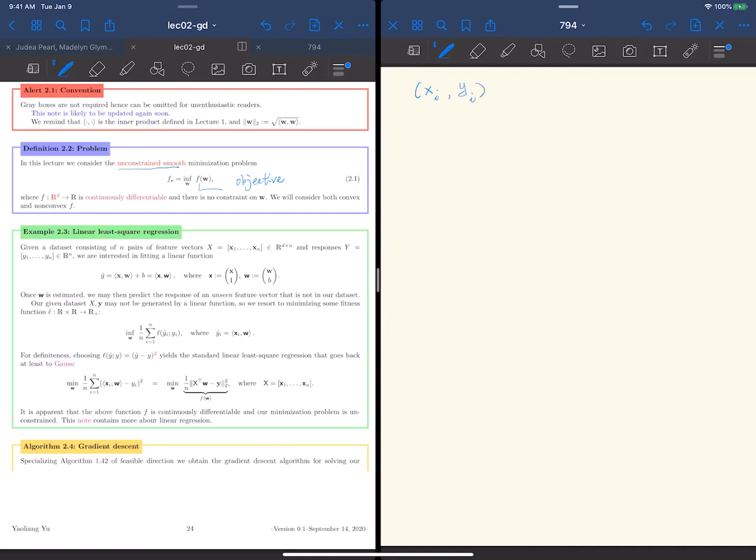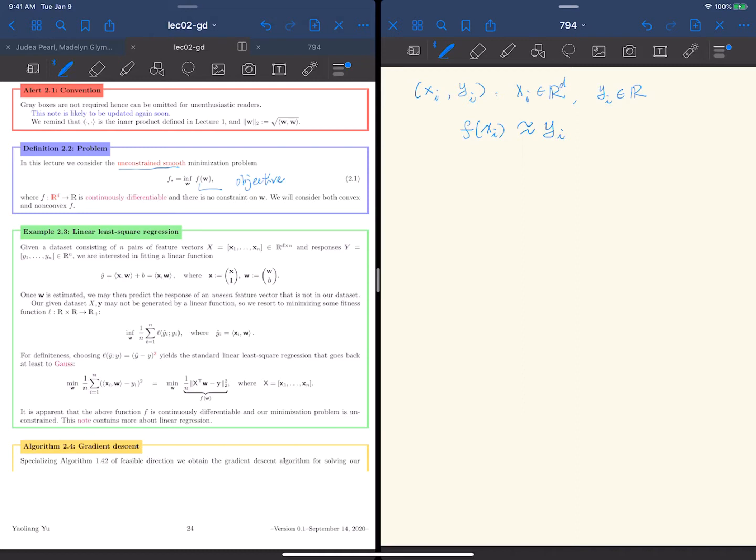Here xi is usually a vector in d dimensions, and yi is just a number. Our goal is to find a prediction function such that f applied on xi will be approximately yi. This is what we want to learn in this regression setting.